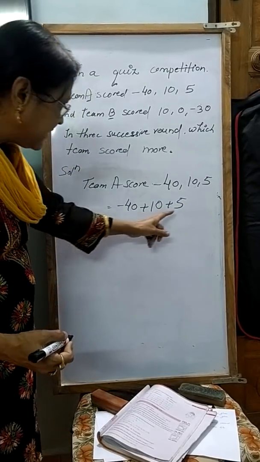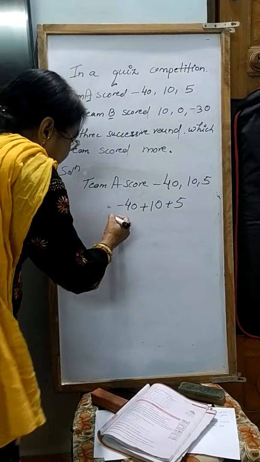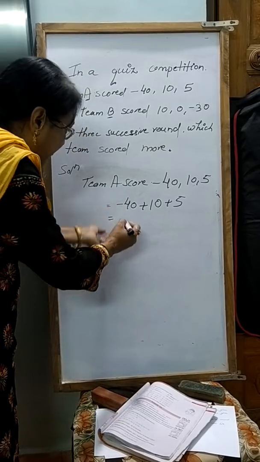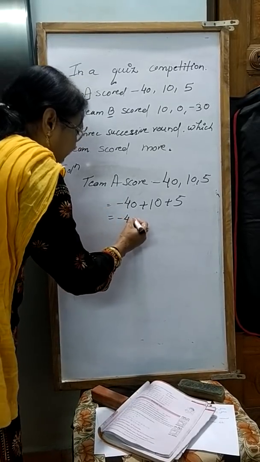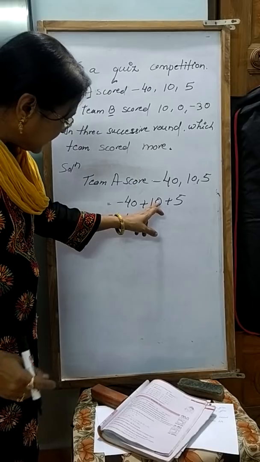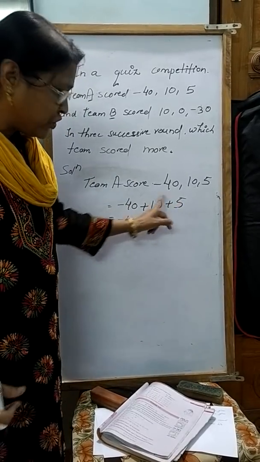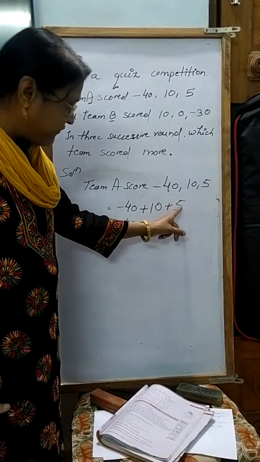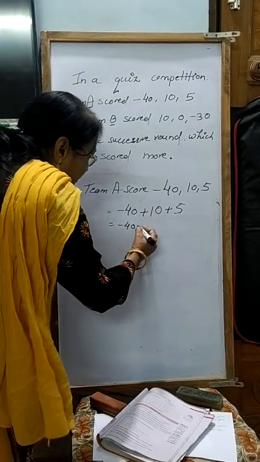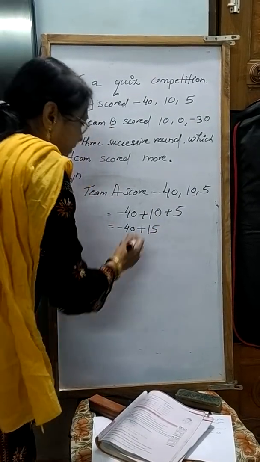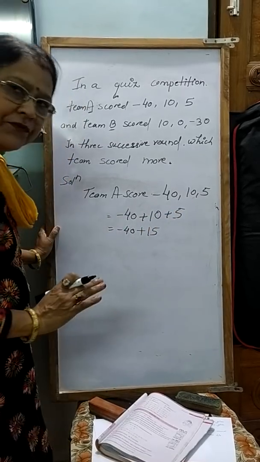Now how to add these integers? You have to see that -40, write down as it is. This is plus 10 and plus 5. These both the numbers are positive. So 10 and 5, 10 plus 5 that is equal to 15.